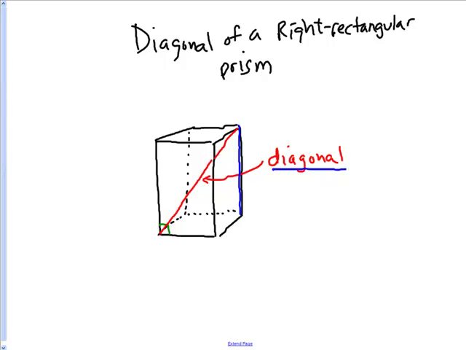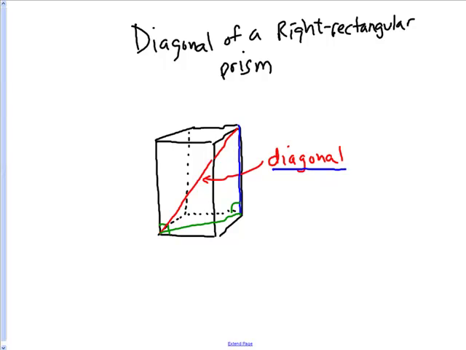And if I connect this back corner with the front corner, remembering that this is a right angle here as well, I've made a right triangle. So I can use a modification of the Pythagorean theorem to find the length of a diagonal.